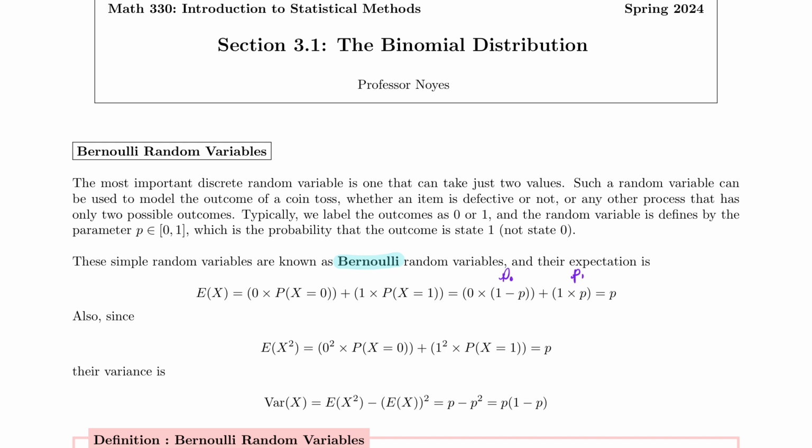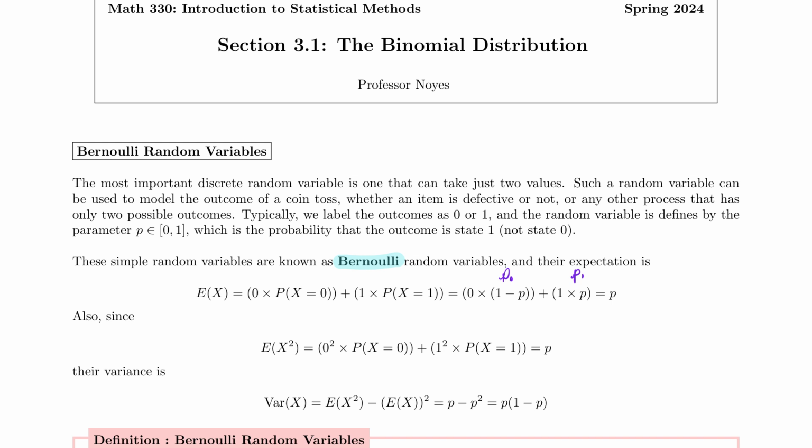Here we only have 0 or 1, so we're simply going to call our probability of success p, which is state 1, which makes the probability of state 0 1 minus p. Again, back to the complement. So when we do 0 times 1 minus p, and then add to it 1 times p, we're just left with p. So our expectation of a single Bernoulli random variable is simply p.